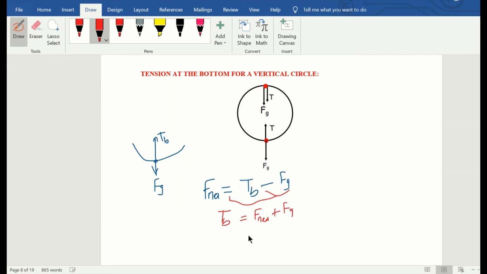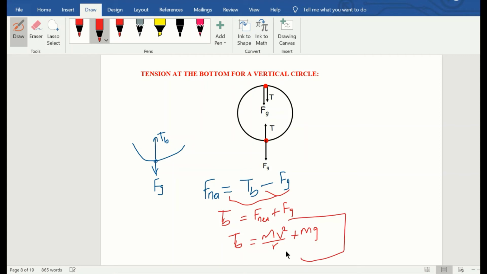So therefore, tension at the bottom is equal to, our net force is the same as our centripetal force, which is mv squared over r plus the weight, which is what? mg. So here is the tension at the bottom.